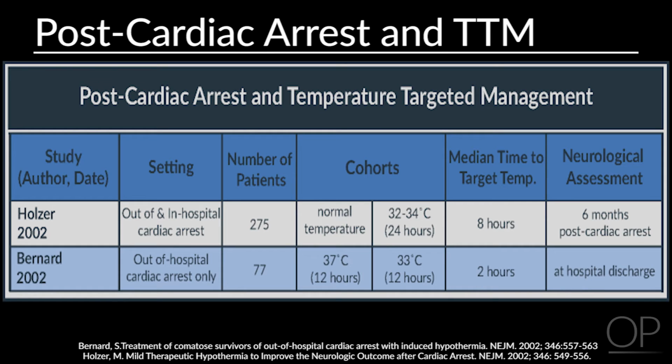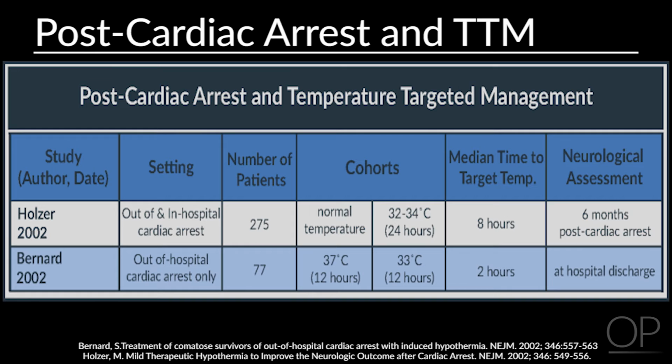It was a randomized controlled trial where patients were randomized to either maintenance of normal temperature or a temperature target of between 32 and 34 degrees for 24 hours after the introduction of that temperature-targeted management. Needless to say, in their experience, the median time to target temperature was 8 hours. Neurologic status was assessed 6 months after the event.